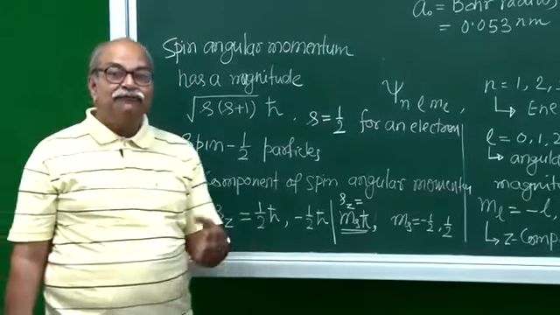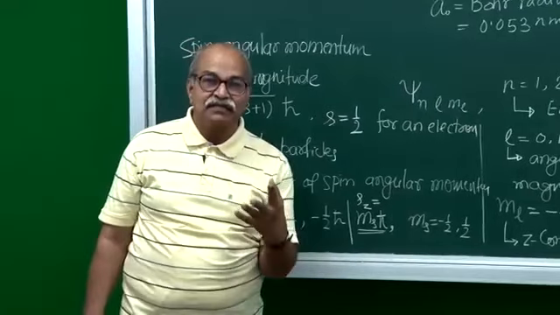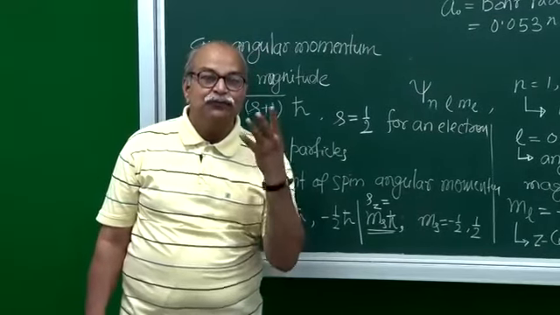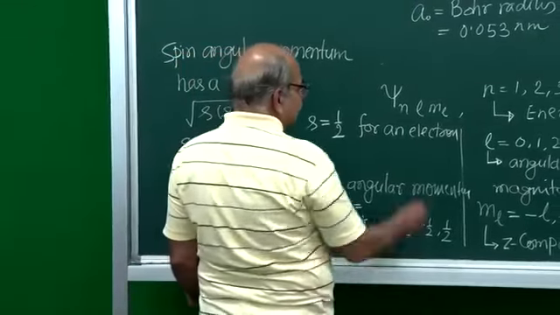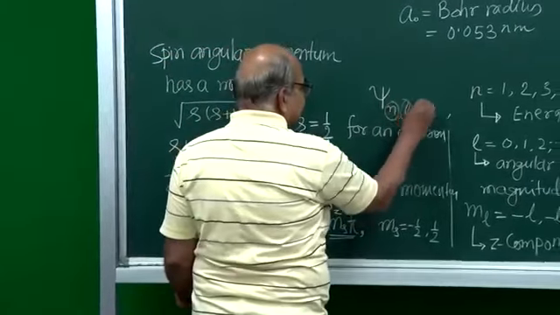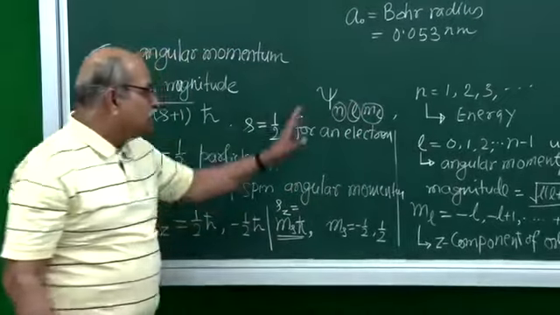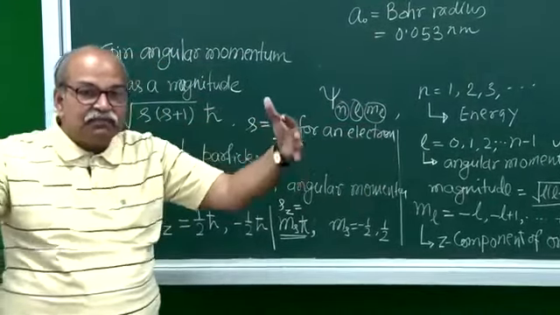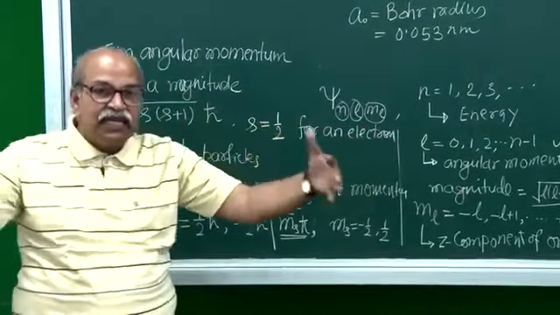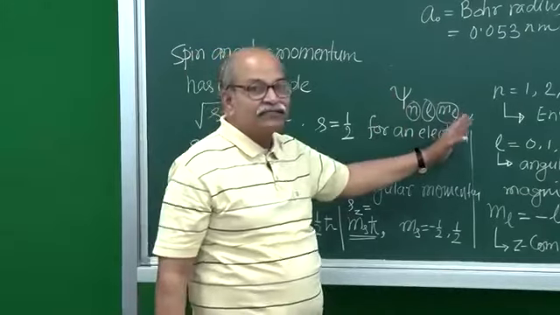So now you have 4 parameters: n, L, ml, and ms. If you give these 3 parameters, n, L and ml, the behavior corresponding to the space part, x, y, z, is fixed from here.